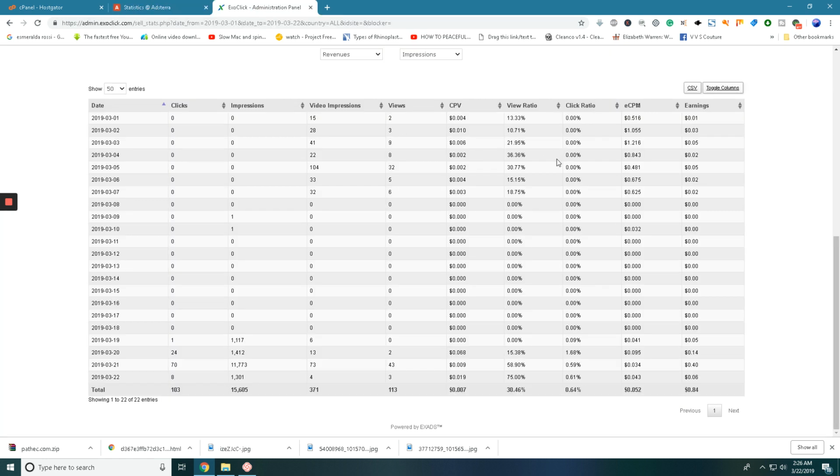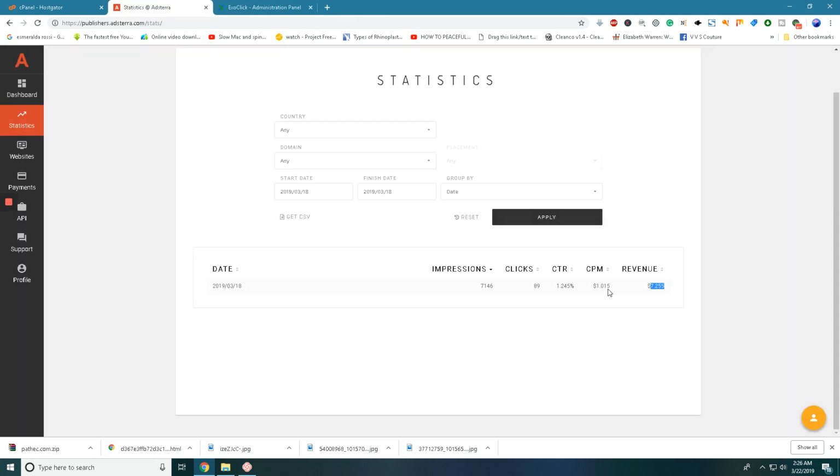ExoClick is not what I'm trying to live for. I tried it because I did my due diligence and researched it, and people were saying that ExoClick has a high eCPM. We're going to look at the CPM.